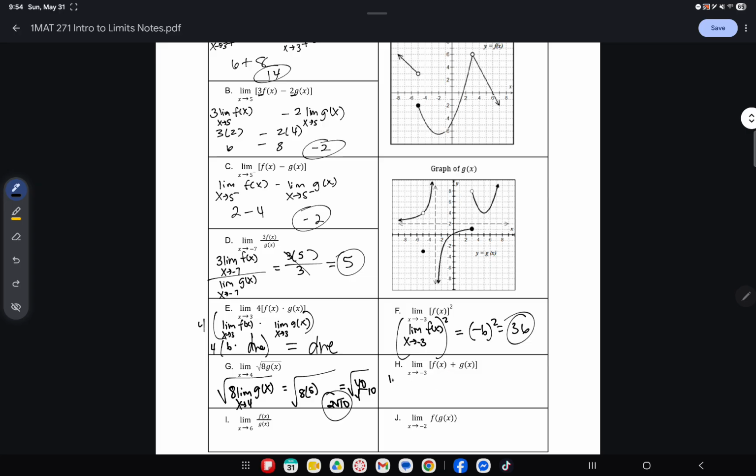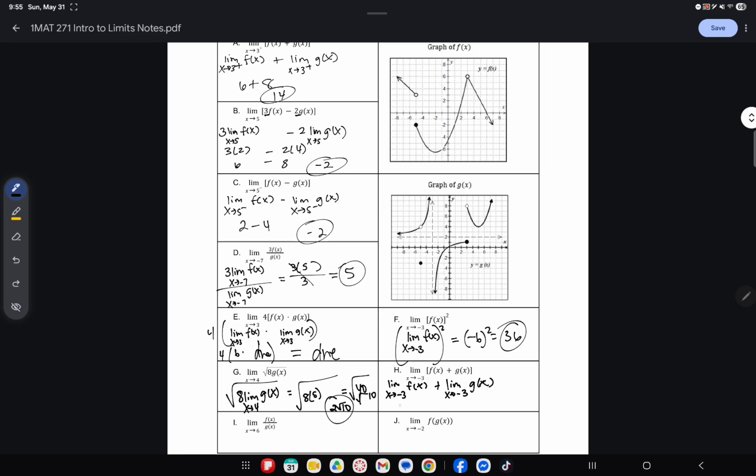All right, adding. So the limit as x approaches -3 for f of x plus the limit as x approaches -3 for g of x. So f for -3, left and right is -6. Now, -3 for g of x doesn't exist.